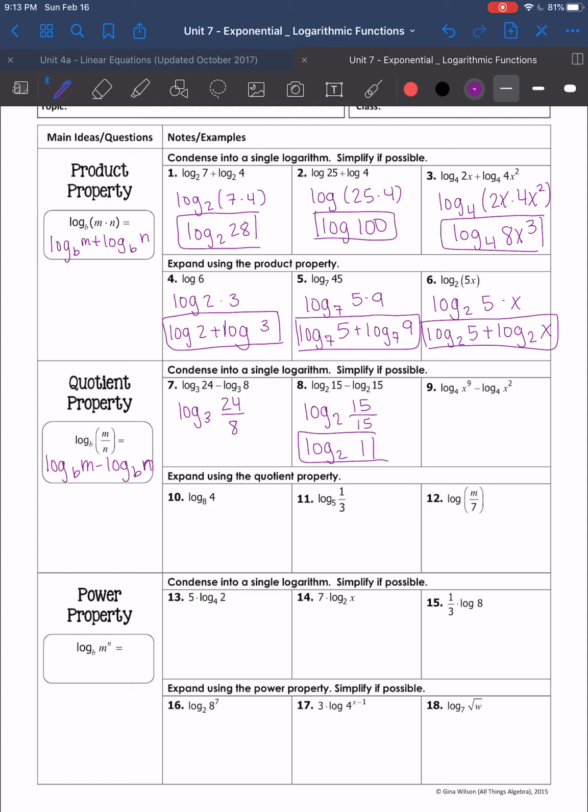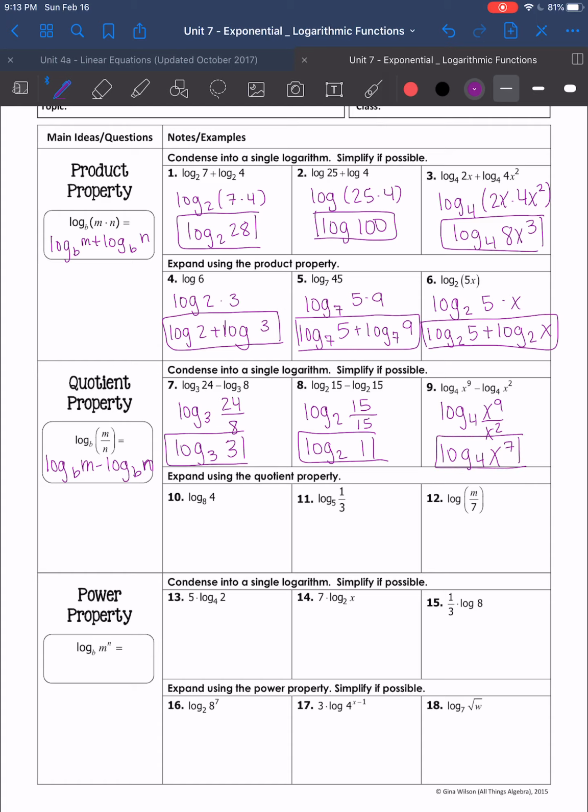And you can simplify 24 over 8 as well, log base 3 of 3. And then we have log base 4 of x to the 9th over x squared. So I have log base 4 of x to the 7th.